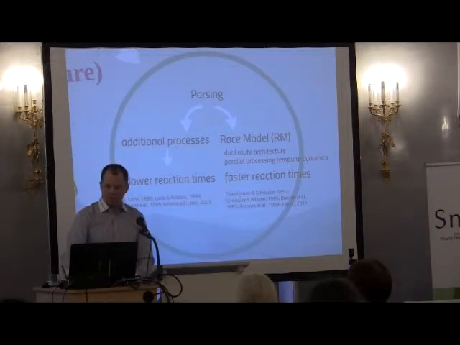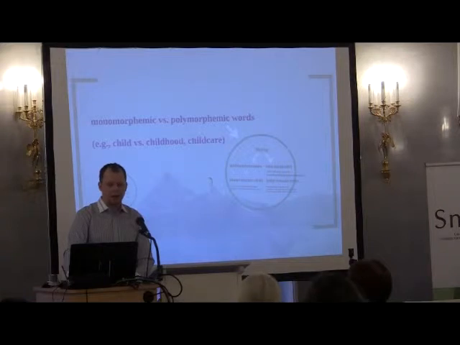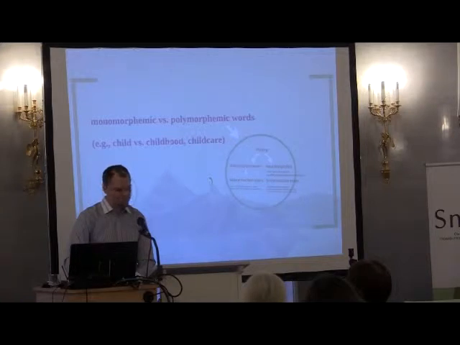But there are some studies that argue that in some cases polymorphemic, complex words can be processed faster than monomorphemic words. For example, when we have derived words with productive suffixes or compounds which are transparent.